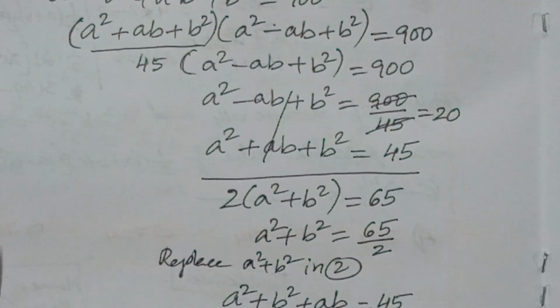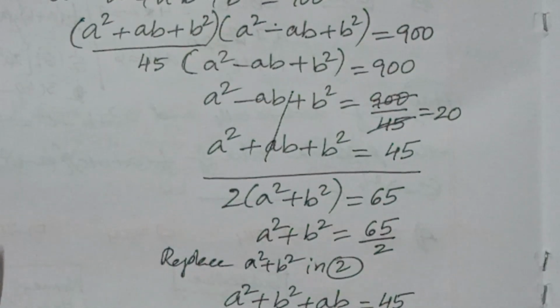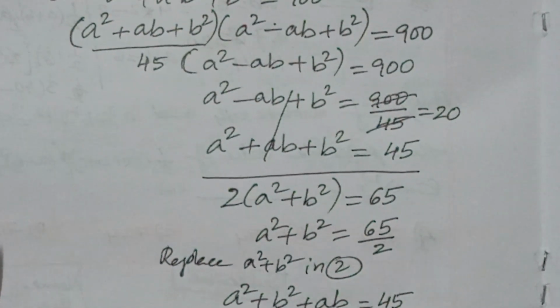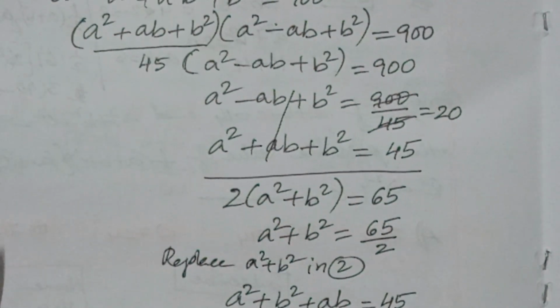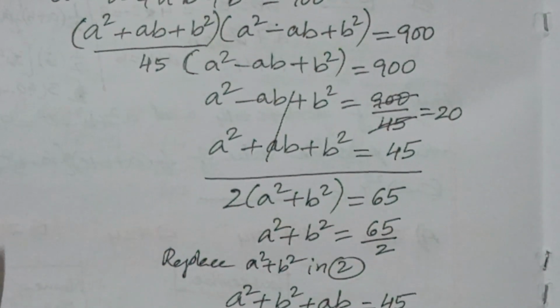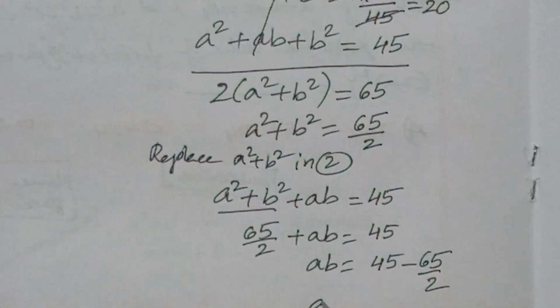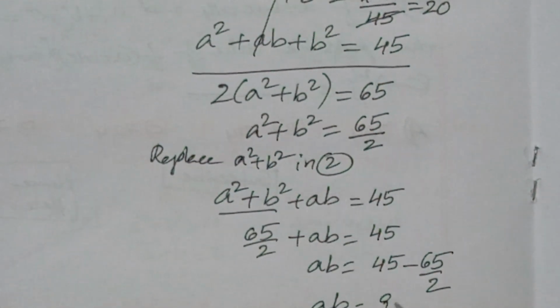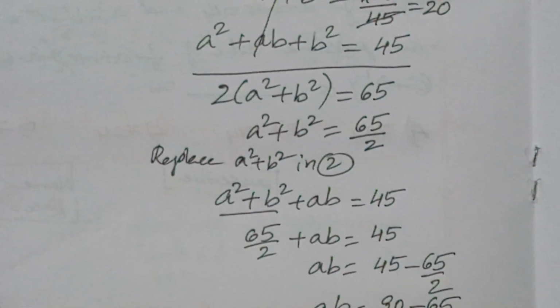So this value is 65 by 2 plus ab is equal to 45. ab is equal to 45 minus 65 by 2. ab is equal to 90 minus 65 by 2.